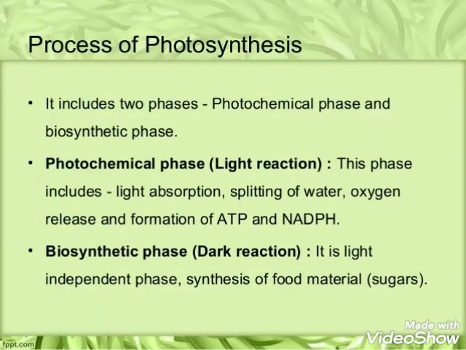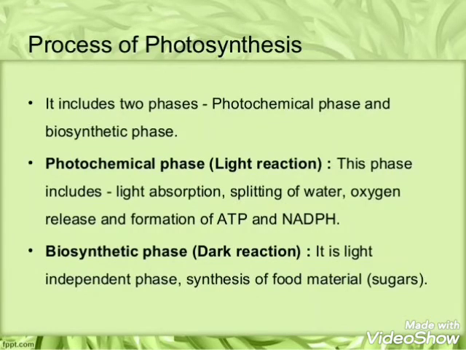Next is the mechanism of photosynthesis that usually occurs in two steps. One is the light reaction or the photochemical phase, and another is the dark reaction, which is known as the biosynthetic phase. The photochemical phase directly depends on light. The pigments absorb the light energy and convert it into ATP.